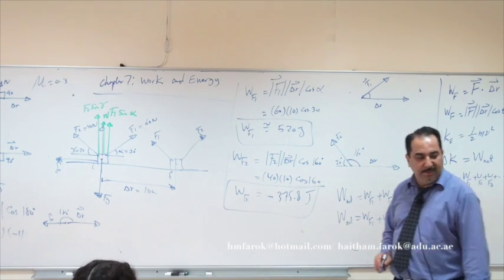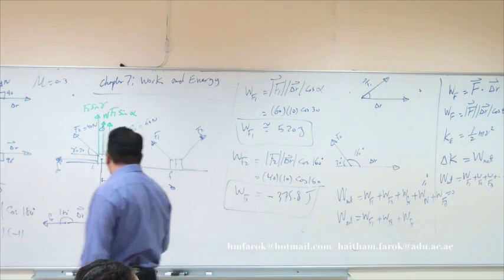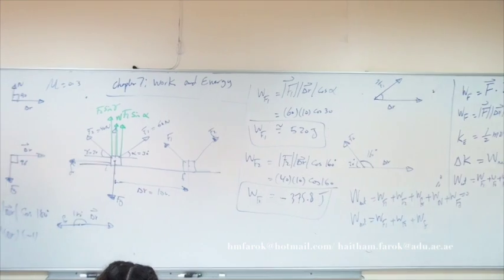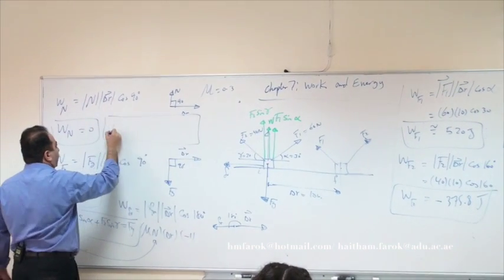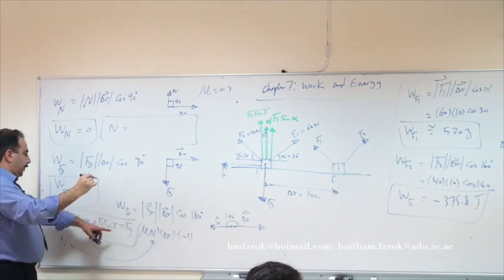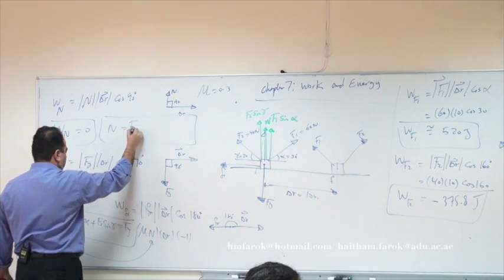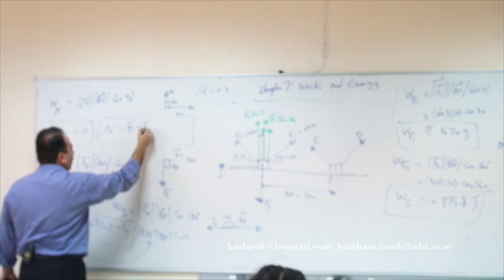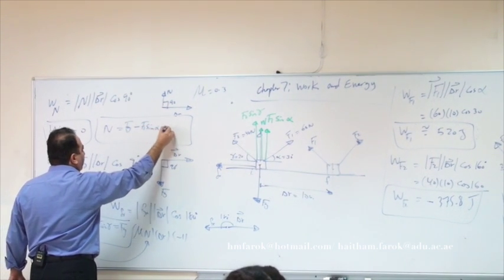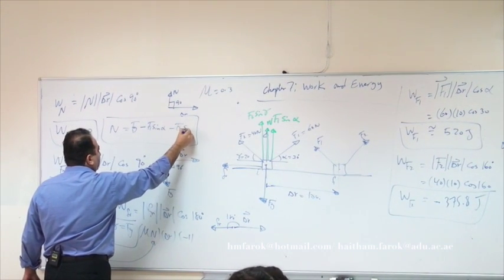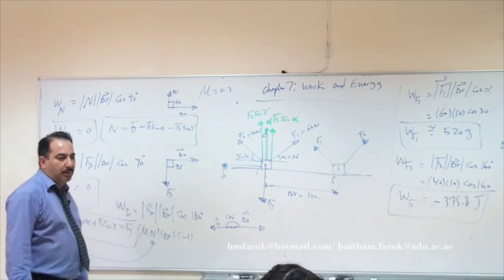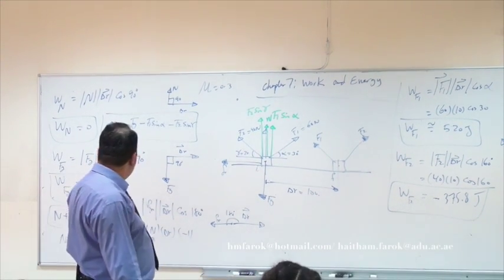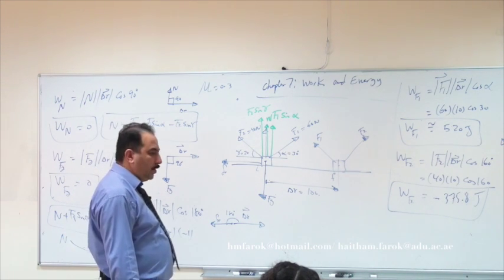Got the value of N? N equals Fg minus F1 sine alpha minus F2 sine gamma. It's minus 14. You can't have it minus. N cannot be minus.